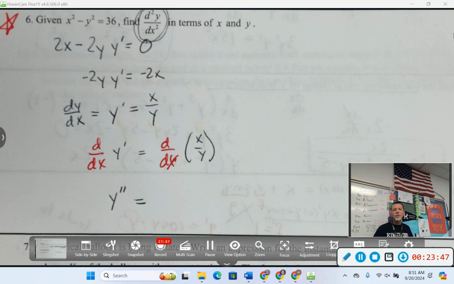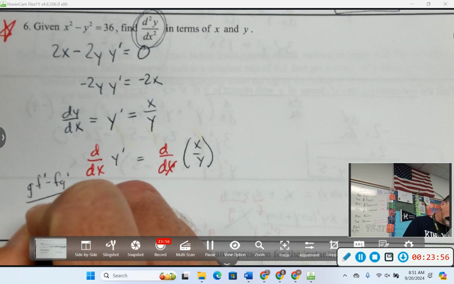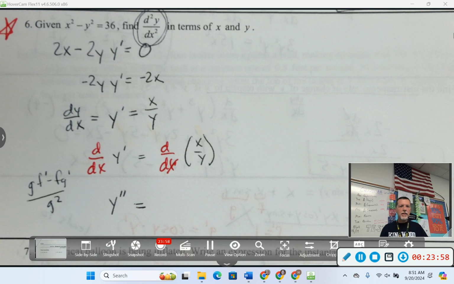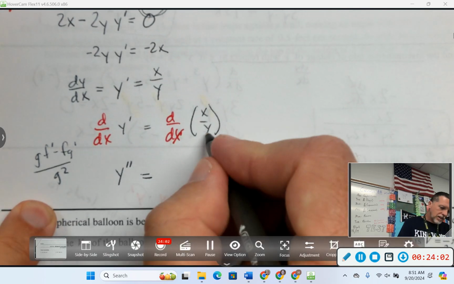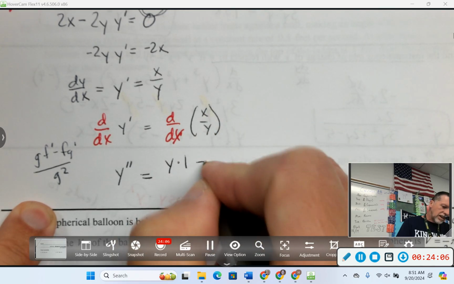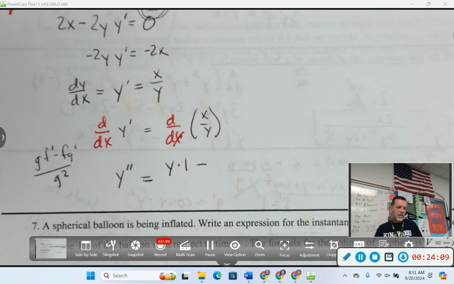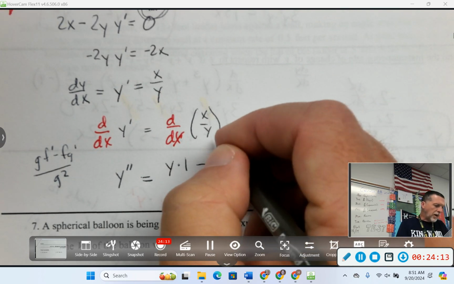What will it take to do the derivative of the right-hand side? Quotient rule. So like note to self, gf prime minus fg prime over g squared. Okay, so gf prime. So the bottom times the derivative of the top minus the top times the derivative of the bottom.